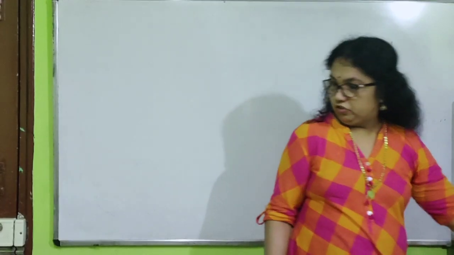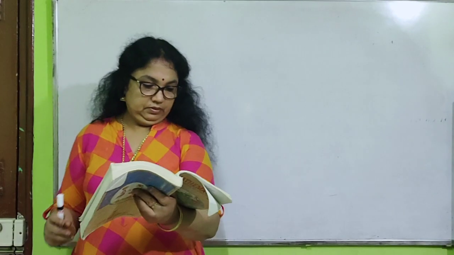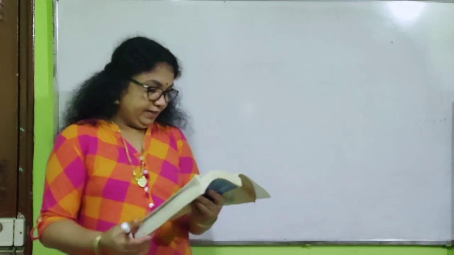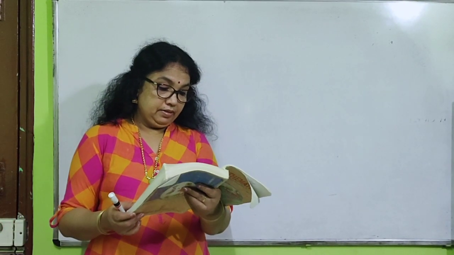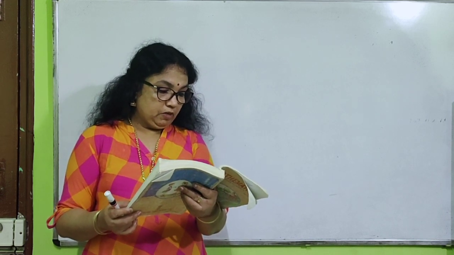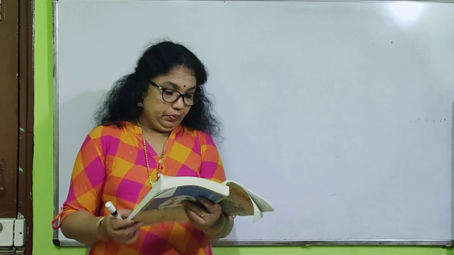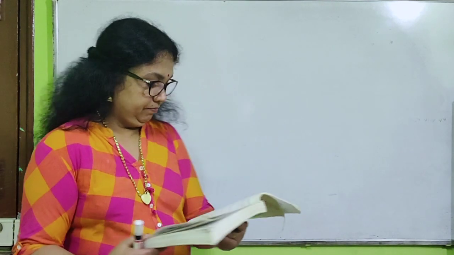Now the next sum is, second sum is, find a cubic polynomial with the sum of its zeros, the sum of the product of its zeros taken two at a time, and the product of its zeros as 2, minus 7, minus 14. Second sum, exercise 2.4.